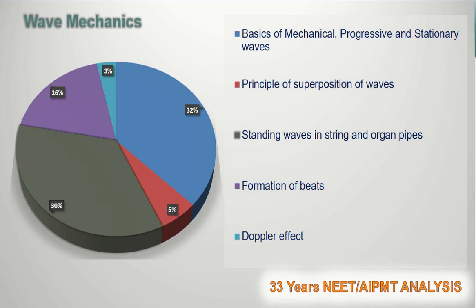Around 32% of questions were coming from basics of mechanical, progressive and stationary waves, 5% from principle of superposition of waves, 30% from standing waves in string and organ pipes, 16% from formation of beats, and 3% from Doppler effect.